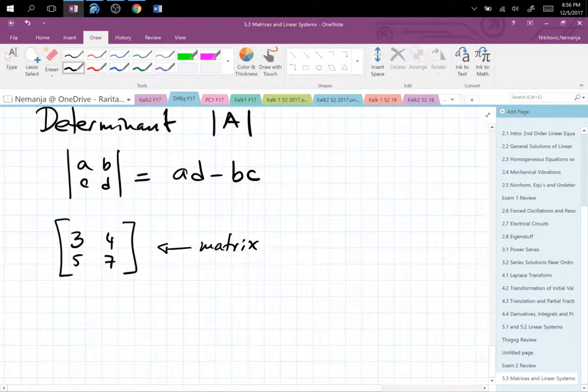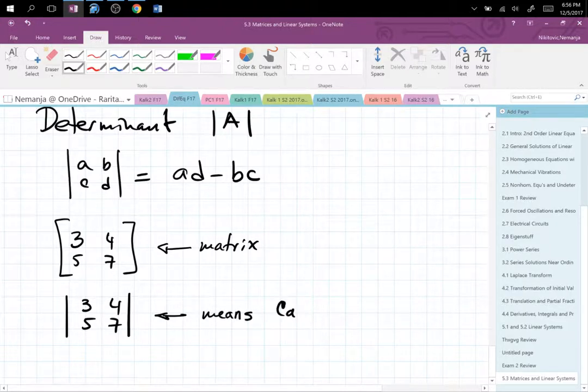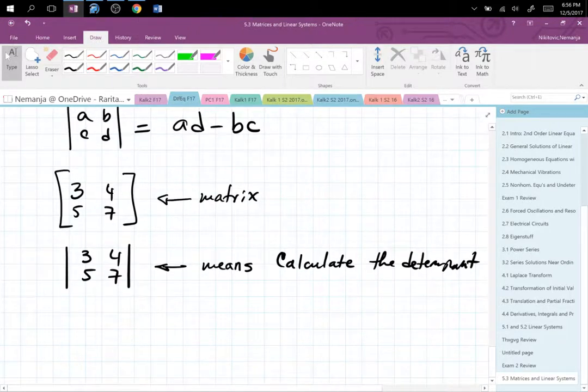But if you see the same thing, 3, 4, 5, and 7, in absolute values, this means calculate the determinant, which means you will immediately go equal 3 times 7 minus 5 times 4. 3 times 7 is 21 minus 20, and the determinant worked out to be 1.